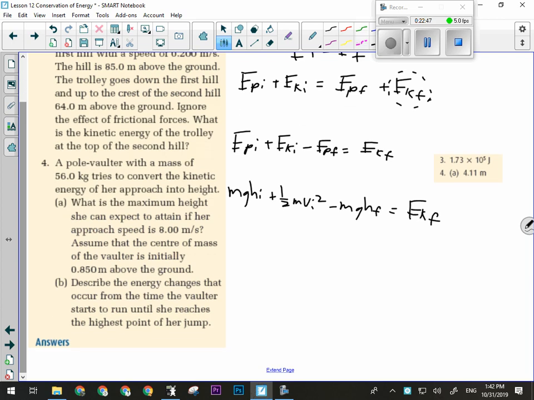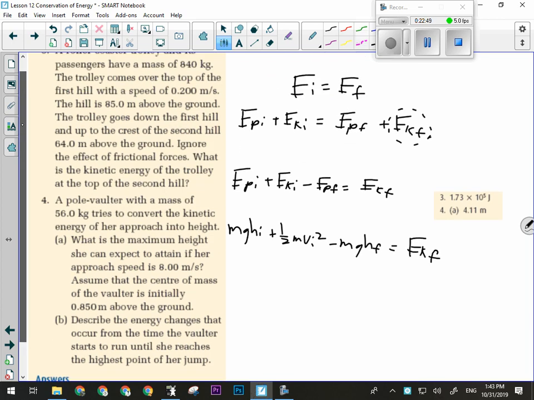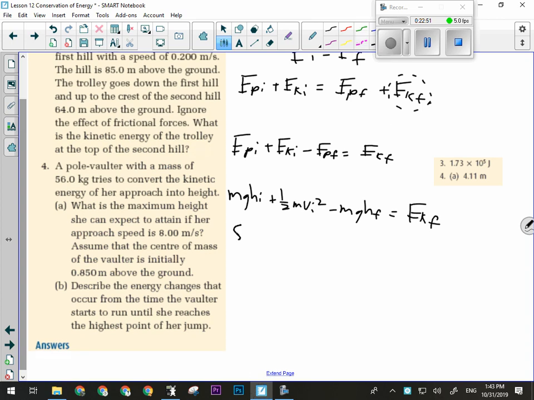The roller coaster is 840, so 840 times 9.81 times 85 meters plus 1/2 times 840 times 0.2 squared minus 840 times 9.81 times the height of the second hill, which is 64 meters.